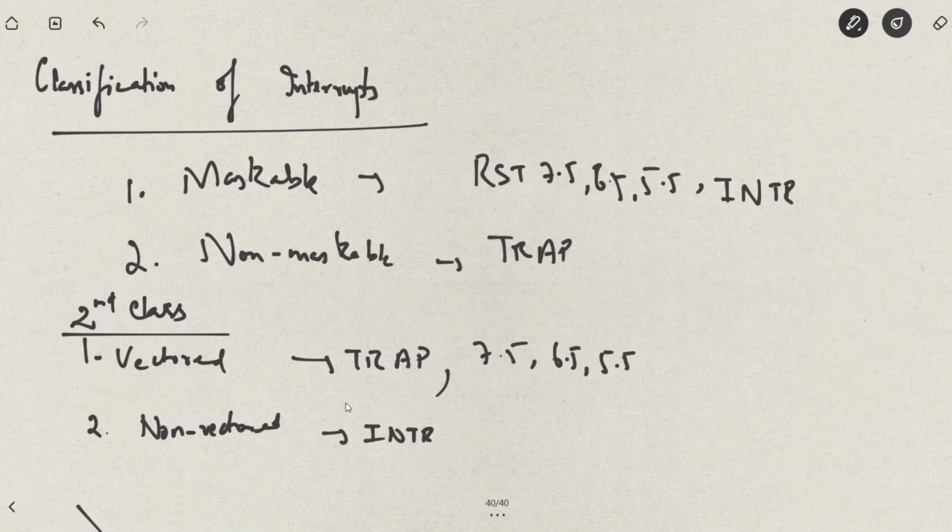The microprocessor may have been running some other program, but the external signal says no, you have to acknowledge me first, and depending upon its priority, it will be acknowledged accordingly. And also whether it can be masked or not, whether its address is specified or not, it is classified into maskable and non-maskable interrupts, and vectored and non-vectored interrupts.